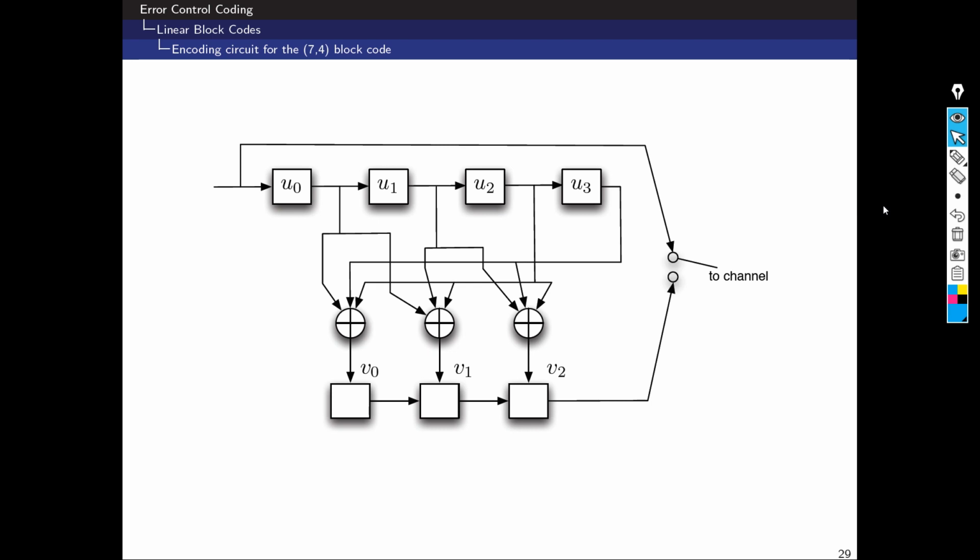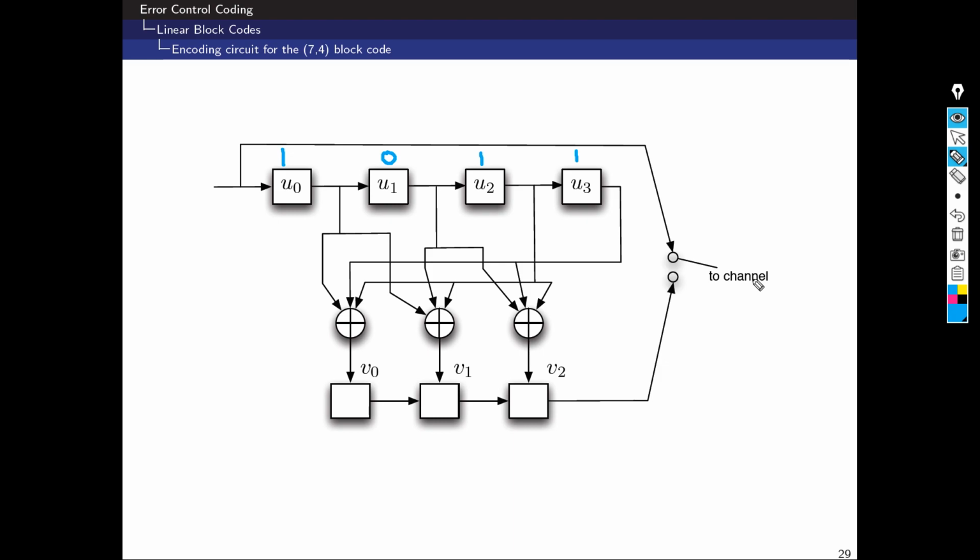So let's give an example. Say the message sequence given to us is u0 equal to 1, u1 equal to 0, u2 equal to 1, and u3 equal to 1.